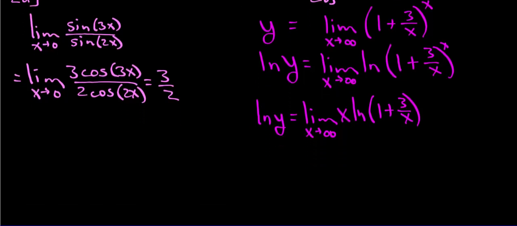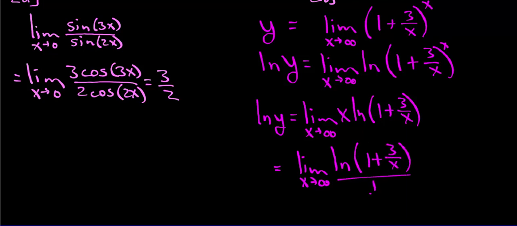Now with L'Hopital's rule, we need a top and we need a bottom. We need a numerator and a denominator. So I can just write it this way. I can do this little trick. Instead of multiplying by x, I can divide by 1 over x. So let me put 1 over x down here. Now, notice, as x goes to infinity, the bottom goes to 0.